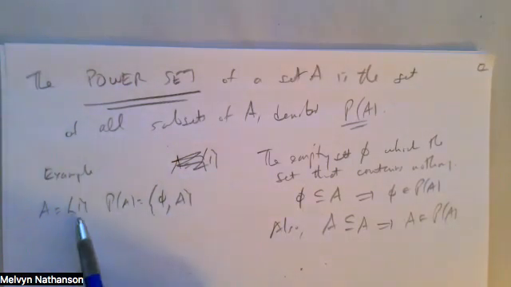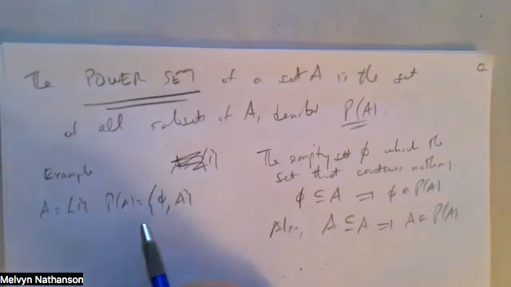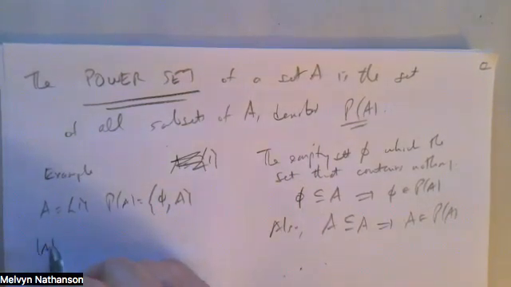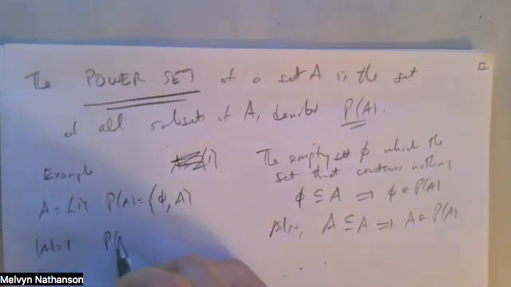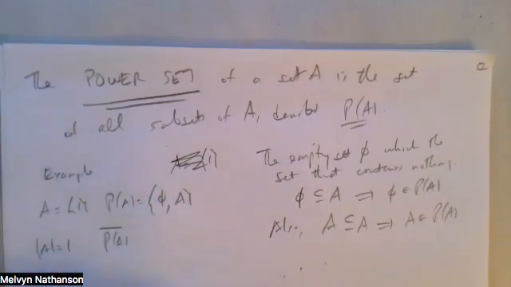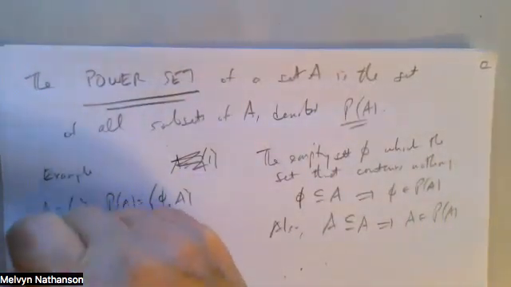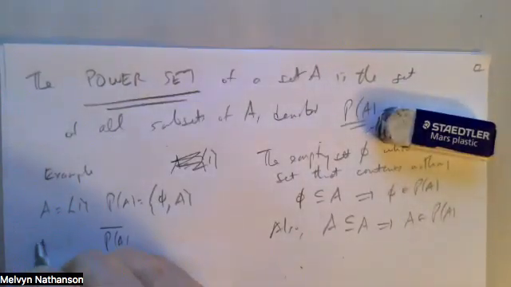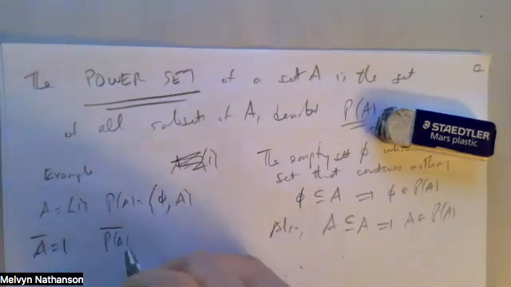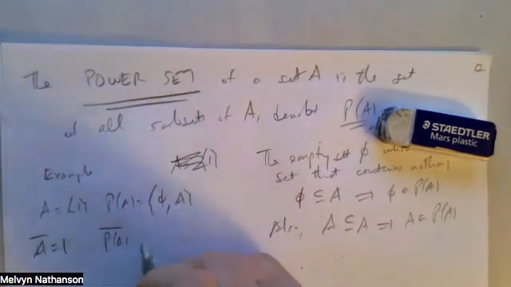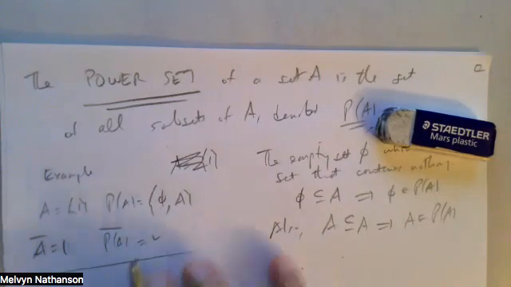So the cardinality of A is 1, and the cardinality of the power set of A is 2.